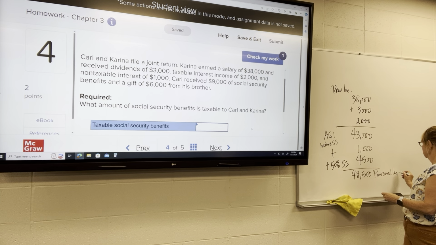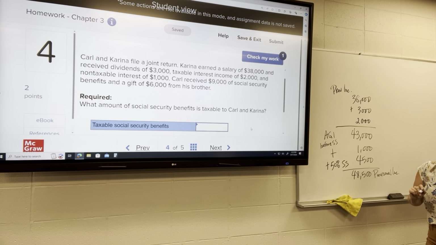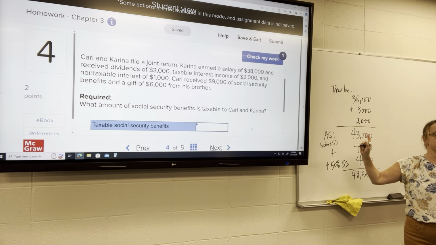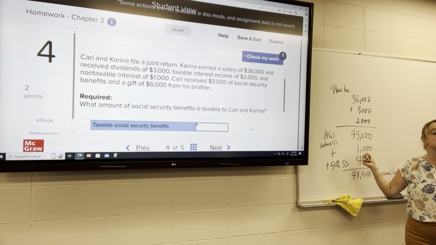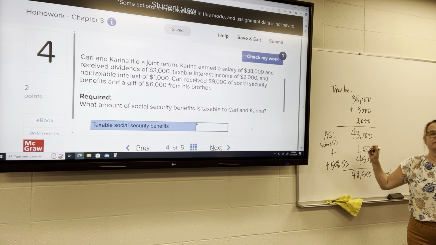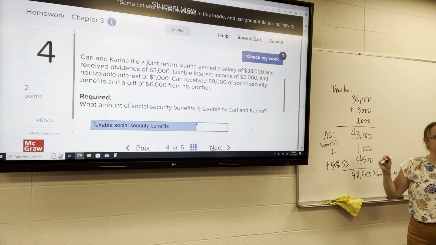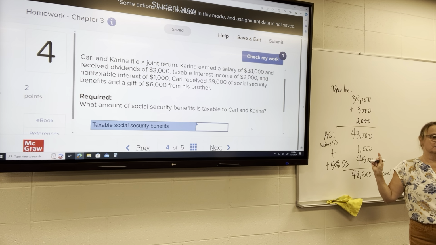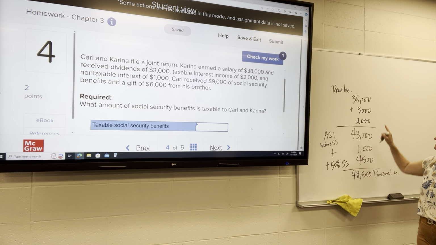So whether you add in the dividends or take them out, is the keyword qualified? Dividends are always going to be included. Non-taxable interest income is going to be added in, and dividend income is going to be part of the calculation.